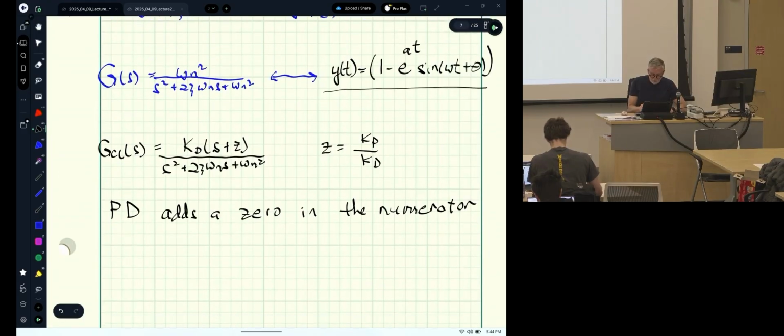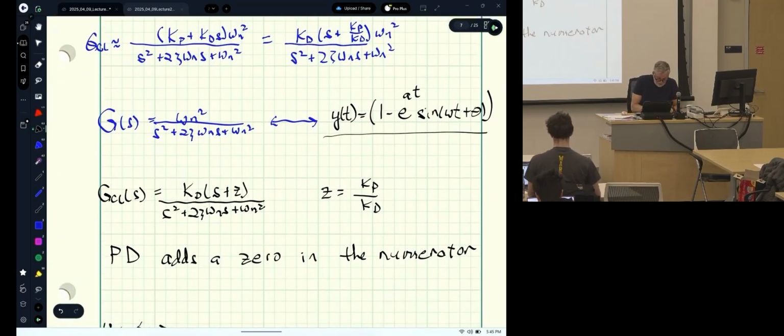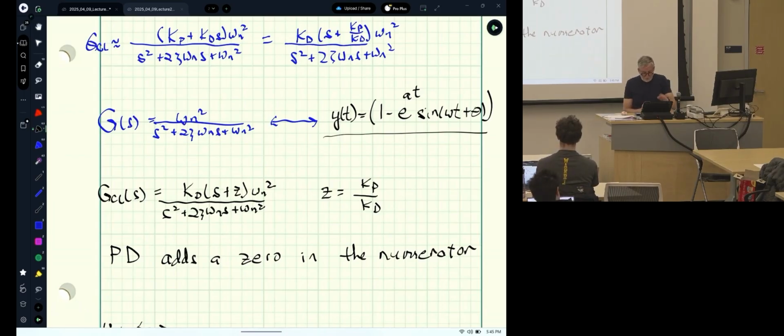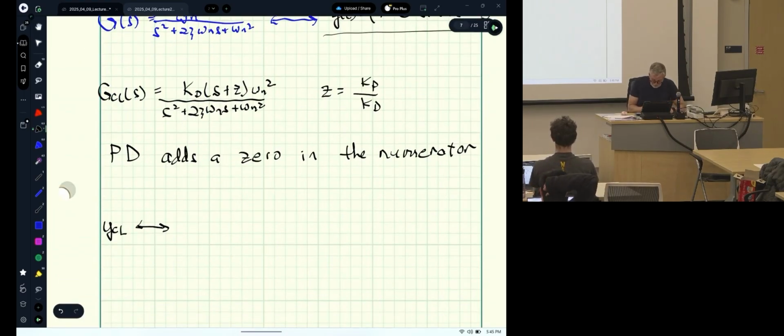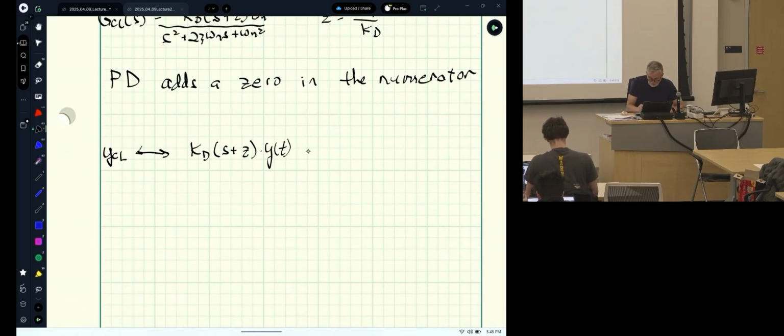So what does that do to the output? So why closed loop? Well, there's this term, whoops, I left off my omega n squared. Okay. So it's KD S plus Z times my previous y of t, and that S is a d by dt.